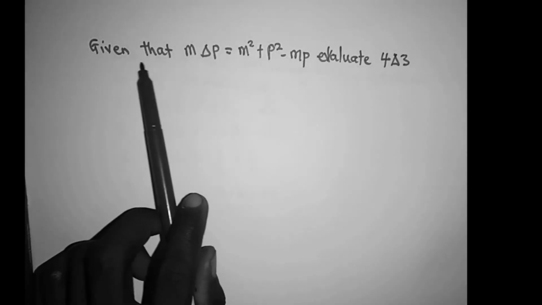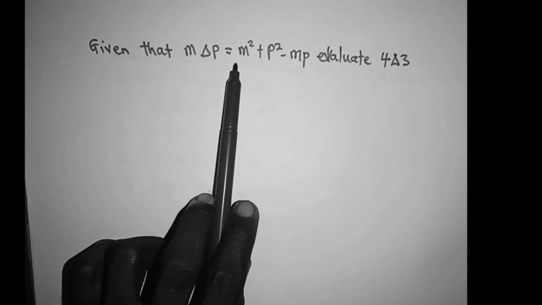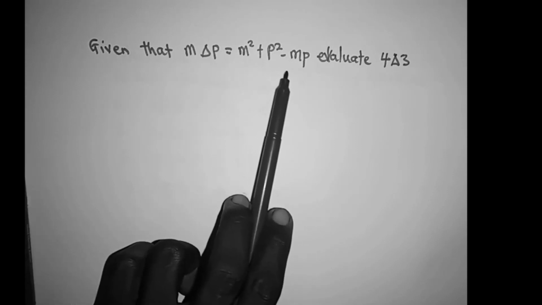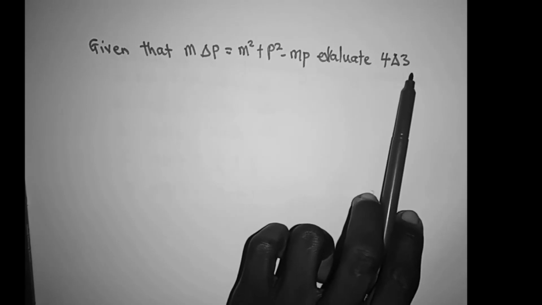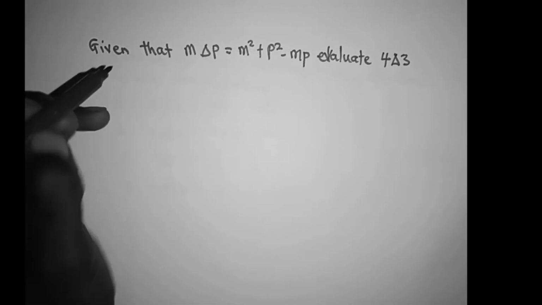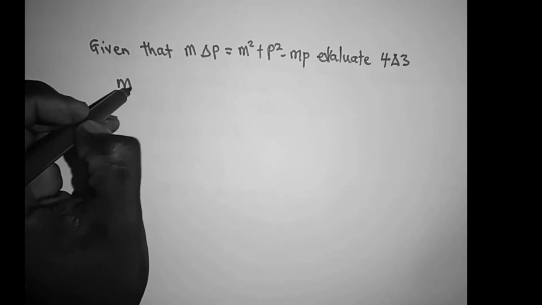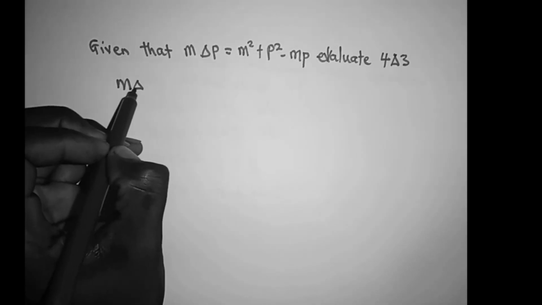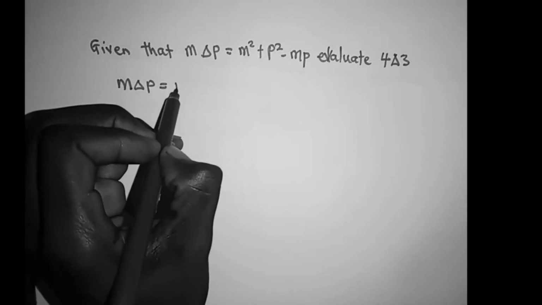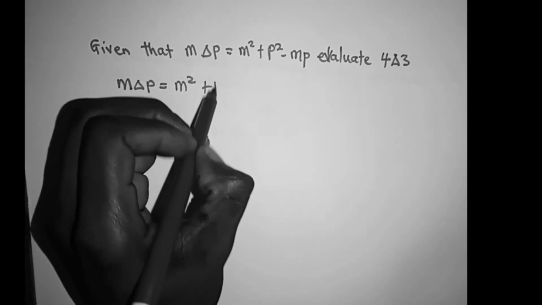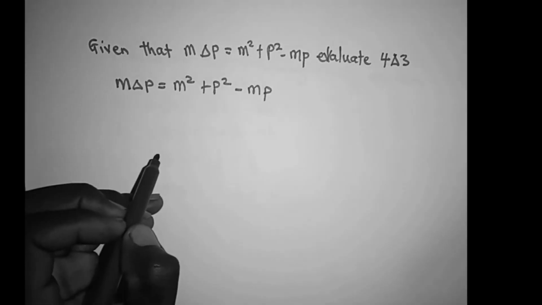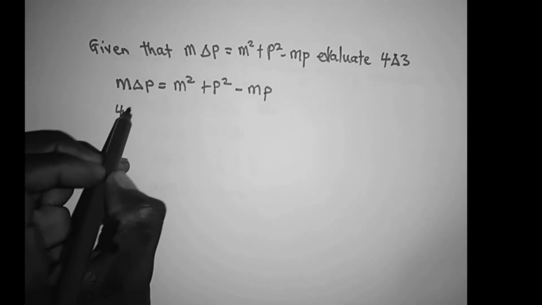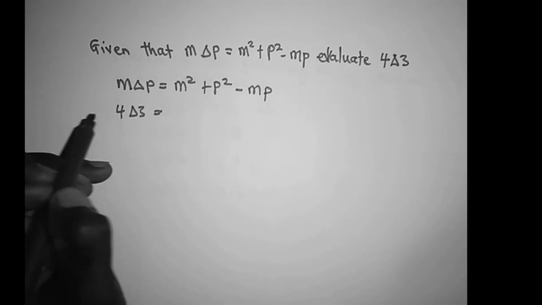Given that M operation P equals M squared plus P squared minus MP, evaluate 4 operation 3. So M operation P equals M squared plus P squared minus MP. So what will be 4 operation 3?